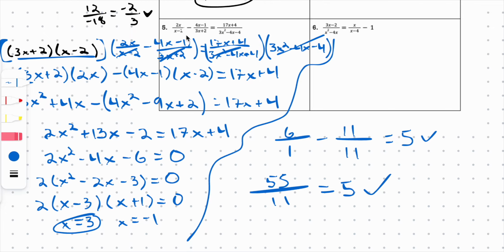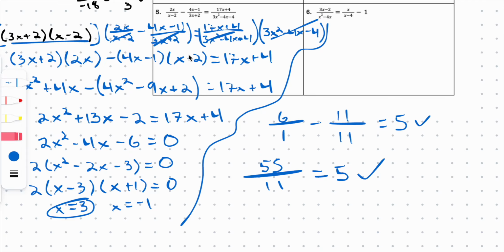Now let's plug in -1. So we have 2 times -1, which is -2, over -1 minus 2, which is -3. I'm just going to write those both as positive because they cancel out. And then I'm going to subtract 4 times -1, which is -4, minus 1, which is -5, over 3 times -1, which is -3, plus 2 is also -1.